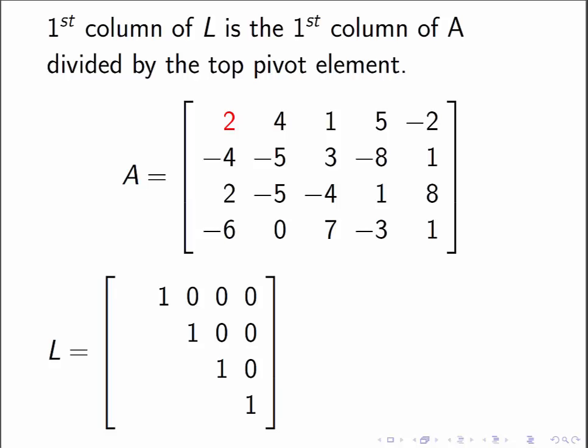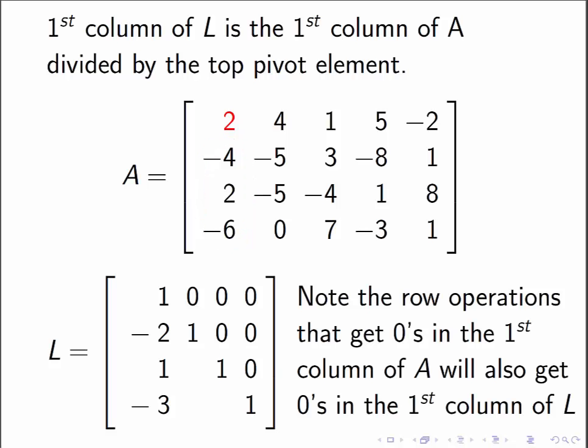All right, so we begin by looking at the first element. I'm going to take this 2, and I'm going to divide that 2 into all of the entries in the column below it: 2 divided into -4, divided into 2, and divided into -6. Those results will end up being the first column of L. So when I do those divisions, I get that column of L. Now what I want to do is the row operations that would be required to take that 2 and use it to make zeros below that entry.